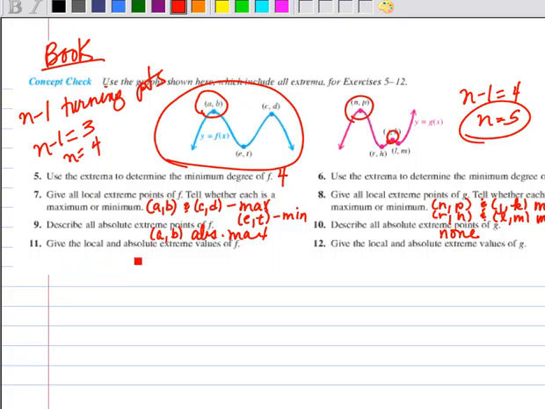Give the local and absolute extreme values of f. So the values mean the output values.